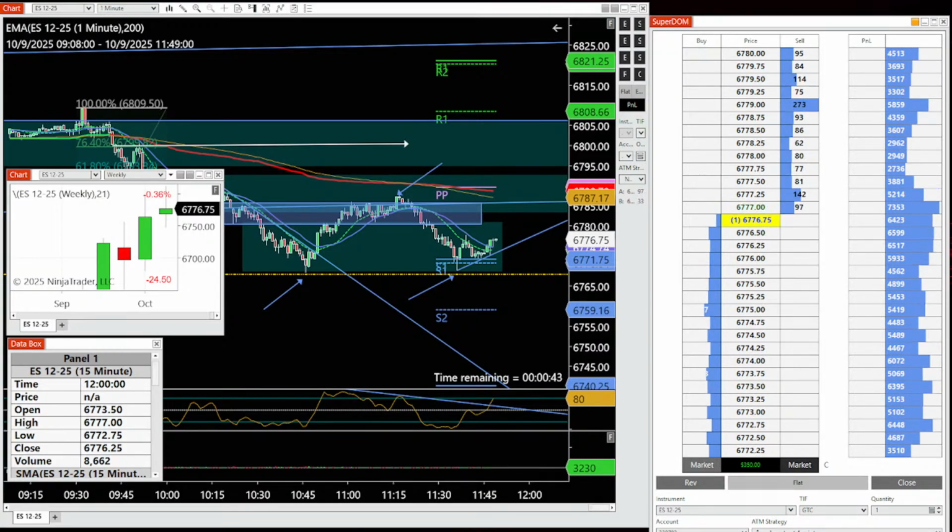So I'm looking at the weekly chart on the bigger time frame, a wider view.